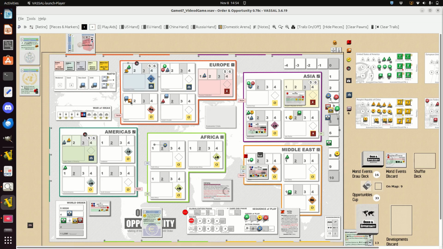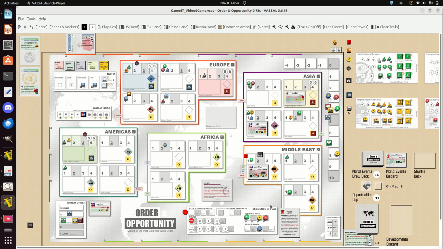So placing civil society is a way of fighting the war of ideas. Conversely, placing tension markers is a way of shifting the track towards the authoritarian end. Okay, and that's what the EU has done with the second card.